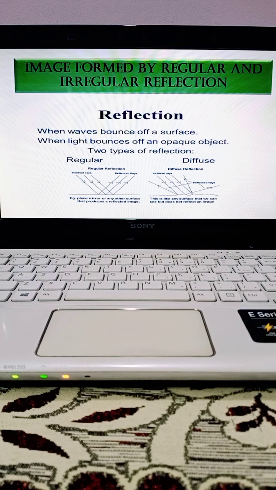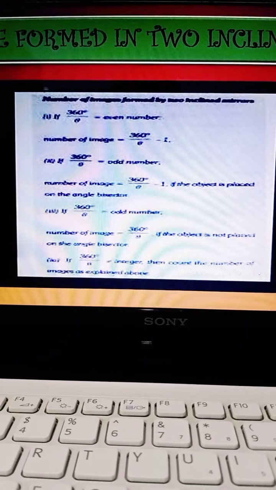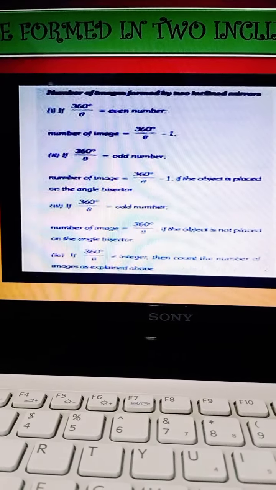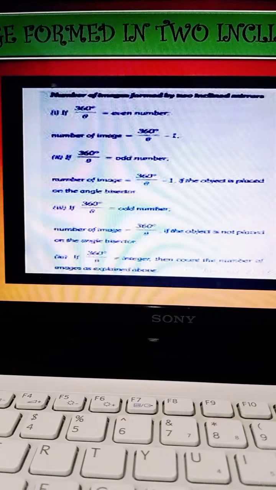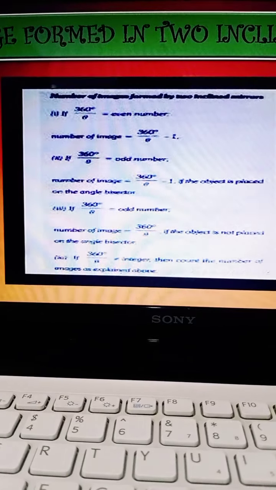How many images are formed depends upon whether the number is odd or even. If the number of images is even, then we subtract 1 because images overlap each other, so the number of images will be n minus 1. But if the number of images is odd, then the same is the number of images formed by the pair of mirrors inclined at that angle, using the same formula, 360 by theta degrees.